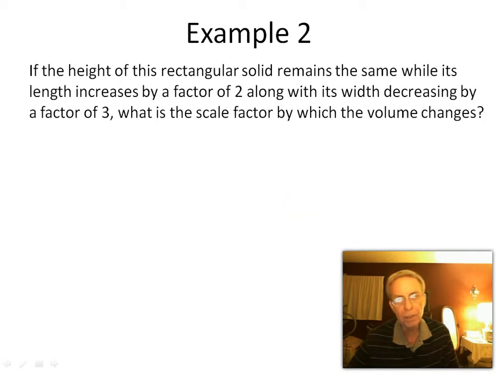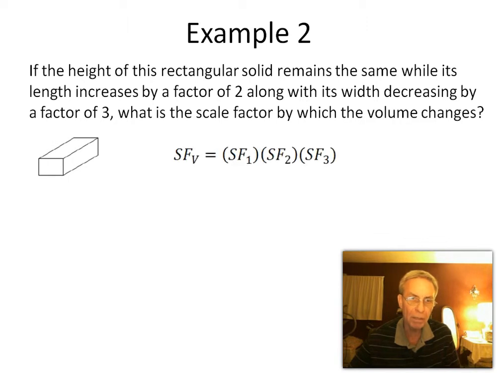Example 2. If the height of this rectangular solid remains the same while its length increases by a factor of 2, along with its width decreasing by a factor of 3, what is the scale factor by which the volume changes? If one is changing by 2, we multiply by 2, and if one is decreasing by 3, the second one is going to be 1/3.